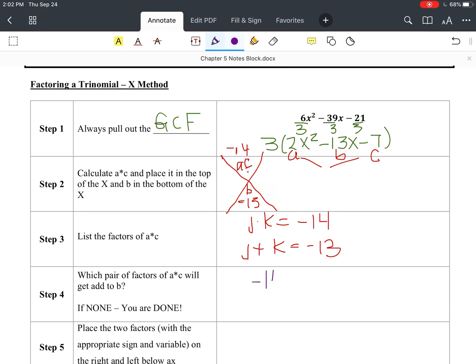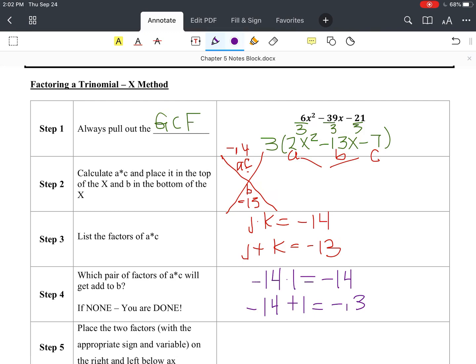So if I say negative 14 times 1, that's going to equal negative 14. And negative 14 plus 1 will equal negative 13. So negative 14 and 1 are going to be my two factors that satisfy those conditions of multiplying to negative 14 and adding to negative 13.